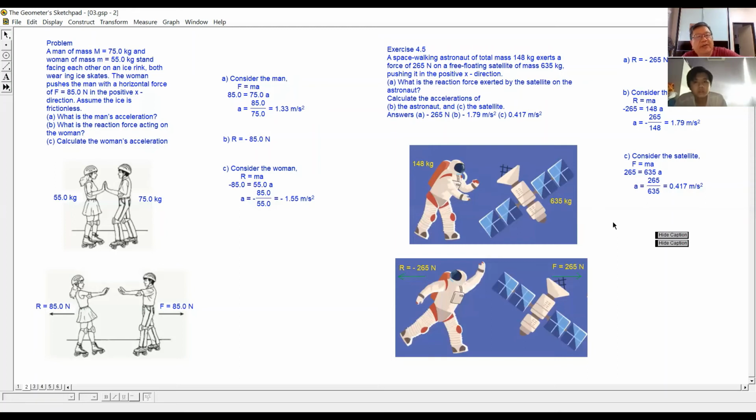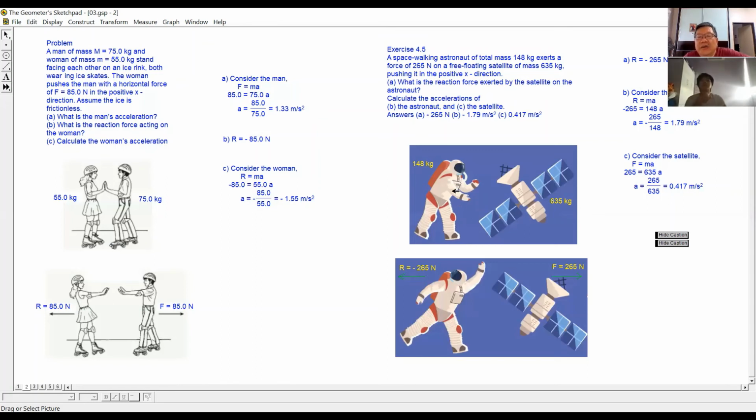So it's the same problem. The only difference is that the masses are different. Another thing is why they must say in outer space or spacewalking, because up there will be no friction, similar to this skating rink.